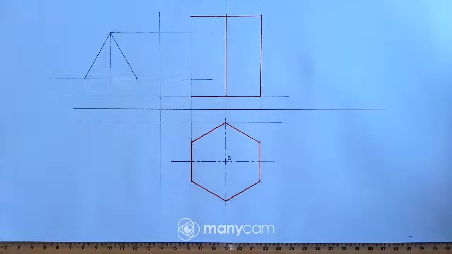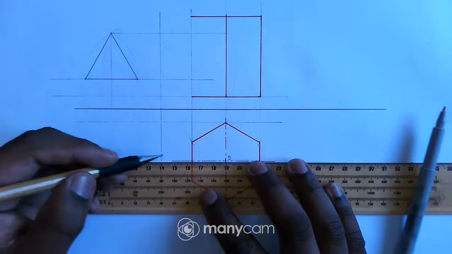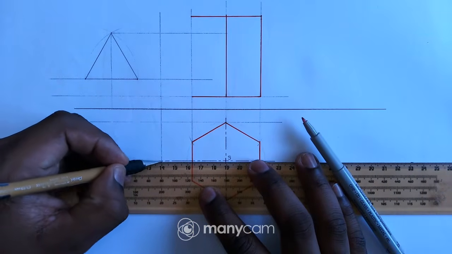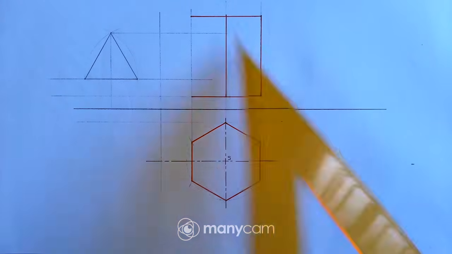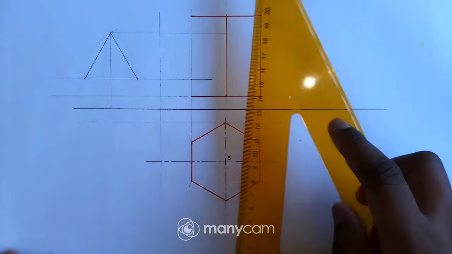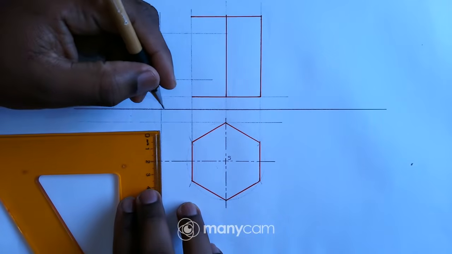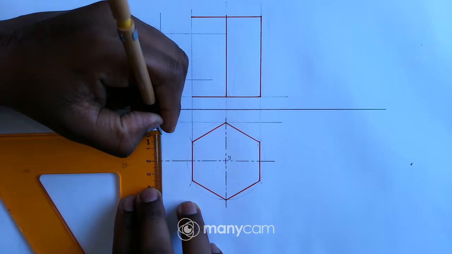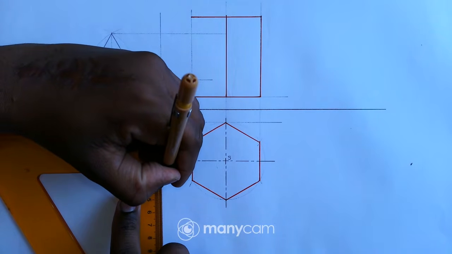Okay. So I have to measure 20 going up, 20 going down, which is 40 there.